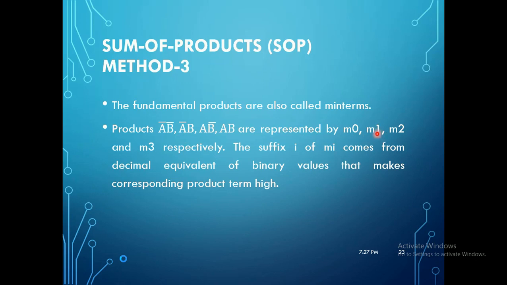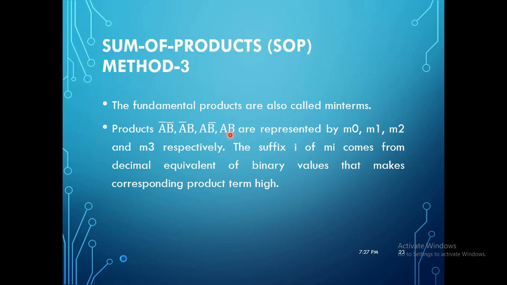Next, A as 1 and B bar as 0, so it becomes 1, 0. What is 1, 0? 1, 0 means it is 2. So we write it as M2. The next value is AB.